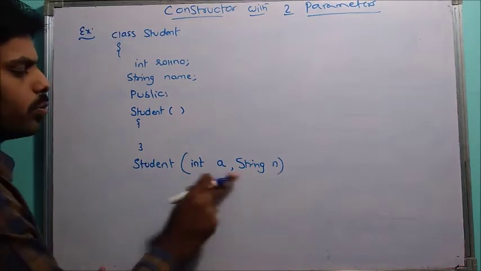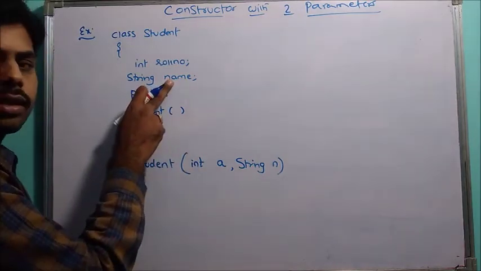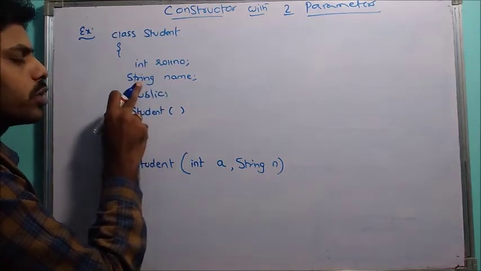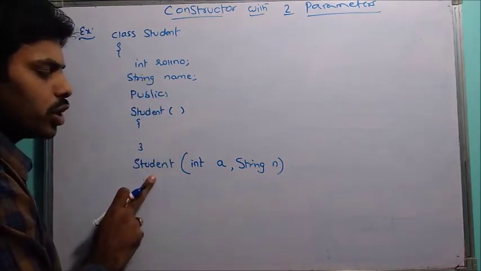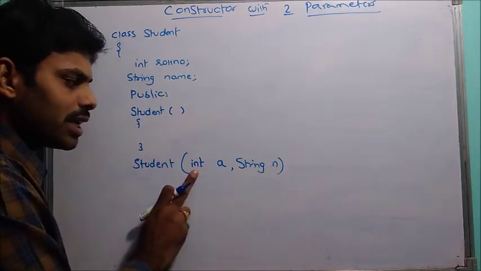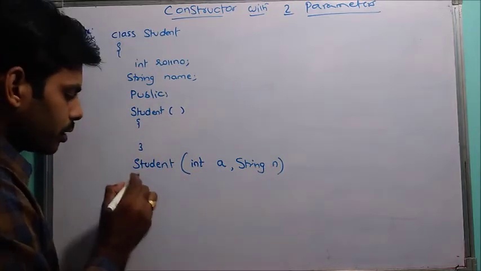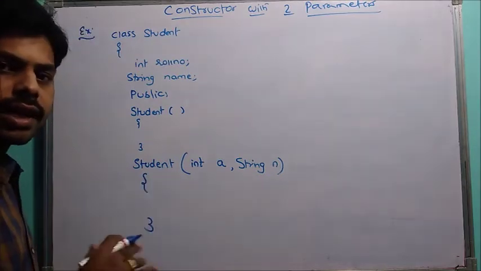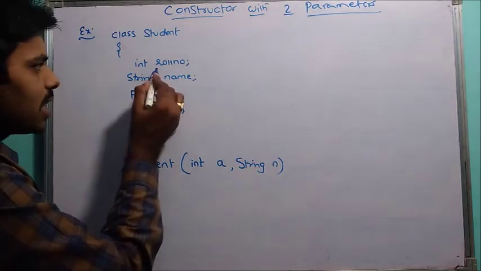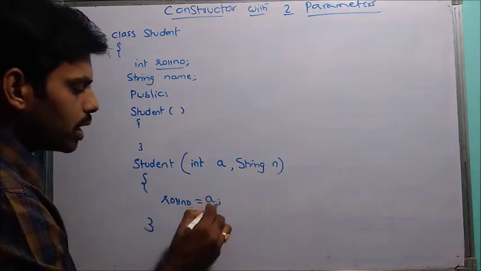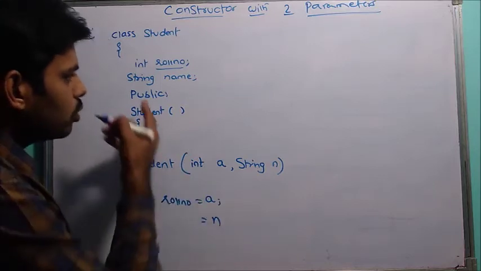So constructor with two parameters. How many variables are there? There are two variables, roll number of type integer, name of type string. Similarly, in the constructor function, I am passing two parameters, a and n. A is of type integer, n is of type string. So I am defining my constructor inside the class. Just assign the values: a is assigned to roll number and n is assigned to name.